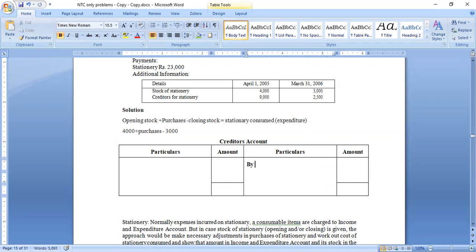By opening balance 9,000, to closing balance 2,500, to cash payments made during the year for the stationery is 23,000.